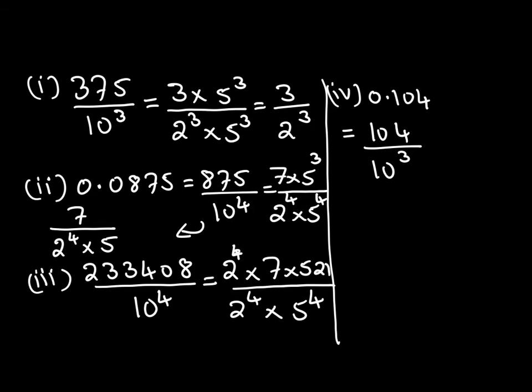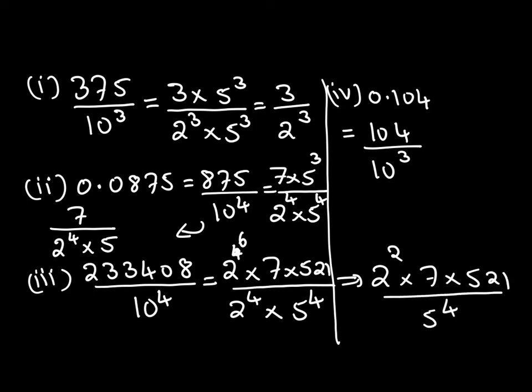This is going to be 2 to the power 6, not 2 to the power 4. So after cancelling out the common factors, we will have 2 to the power 2 times 7 times 521 over 5 to the power 4.